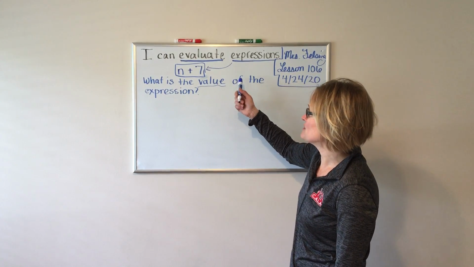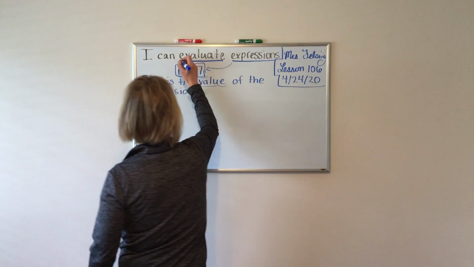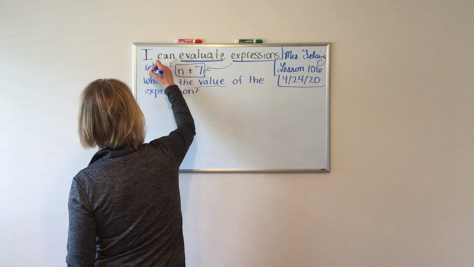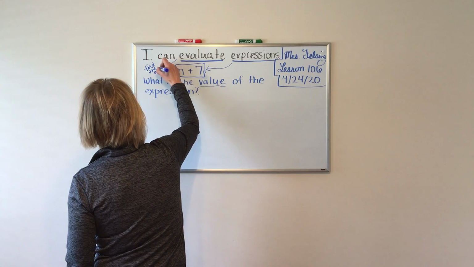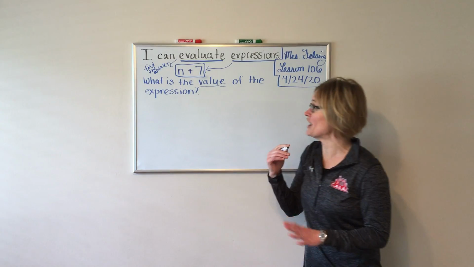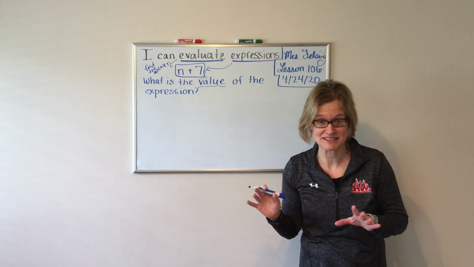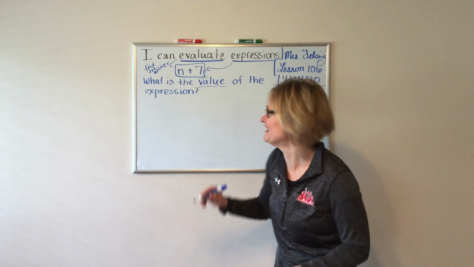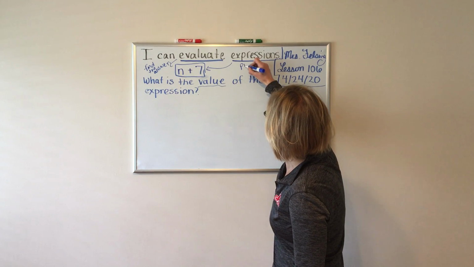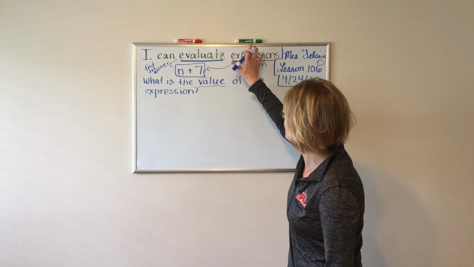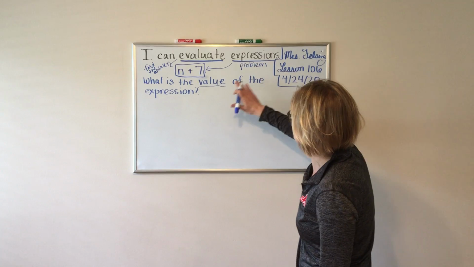Evaluate expressions means basically find the answer. So in other words, another way of saying I can evaluate expressions means I can find the answer to a problem. The expression is the math problem. So when you're evaluating expressions, you're finding the answer to a problem.